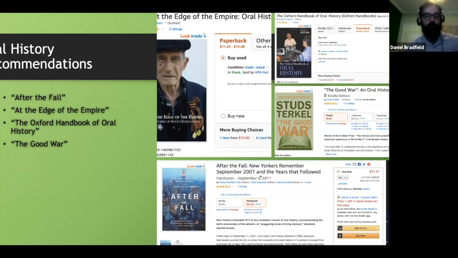Top to bottom, it has information about doing interviews, preparing interviews, legal implications of interviews, and case studies of oral history projects, good and bad. It is a perfect companion for anybody very interested in doing it. So those are my recommendations.